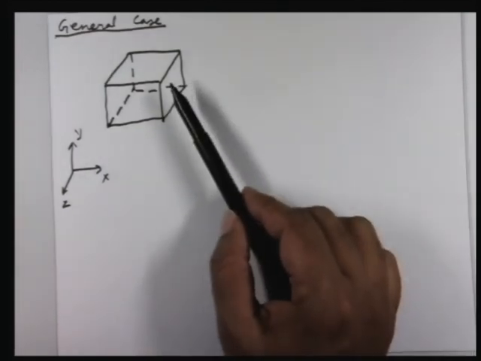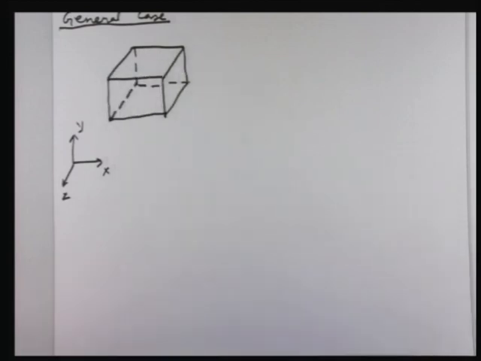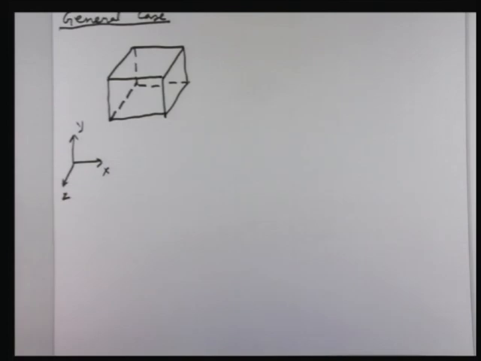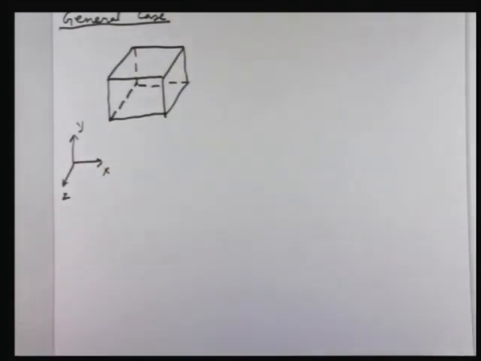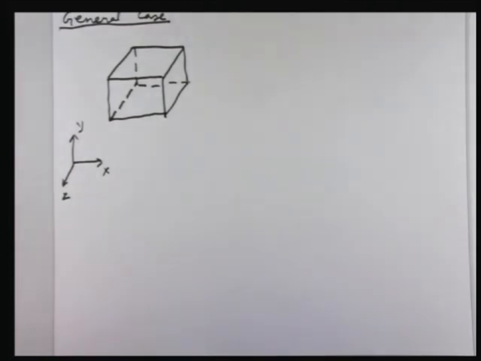Now this fluid element has 6 faces. A pair perpendicular to the X direction, a pair perpendicular to the Y direction, and a pair perpendicular to the Z direction. Now if you consider the faces which are perpendicular to the Y direction, the net force will be in the Y direction because these are only normal stresses if the fluid is at rest.